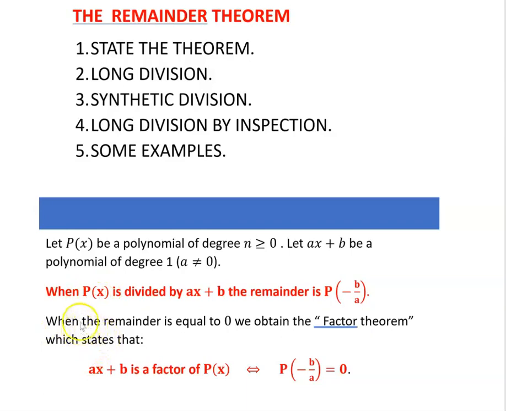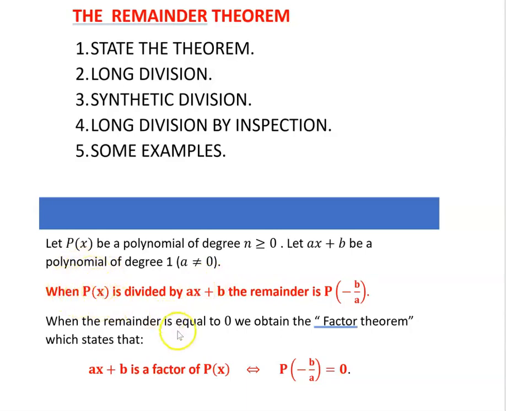Now to the special case of the remainder theorem, which is sometimes called the factor theorem. This is the case when the remainder is equal to 0. When the remainder is equal to 0, what we are talking about here is that the polynomial ax plus b is going to be a factor of the polynomial p of x.